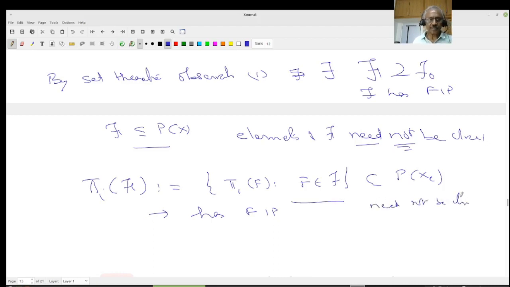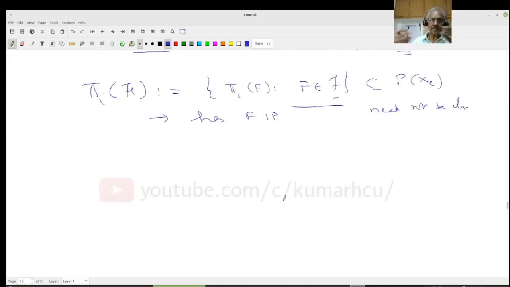Why? The projection map is open, but the projection map need not be closed. Elements of script F need not even be closed. Therefore there is no way of saying pi_i of F is closed, but as a class of subsets of X_i, we want to say it has FIP. Why? That is very clear.